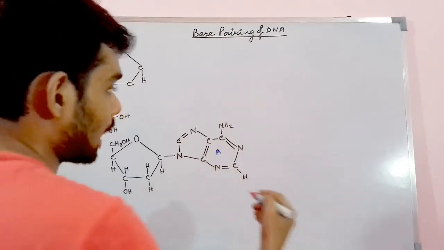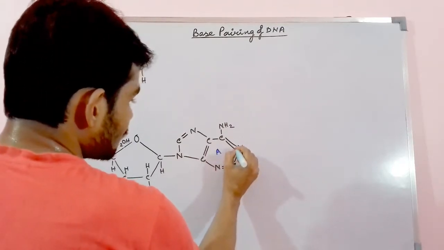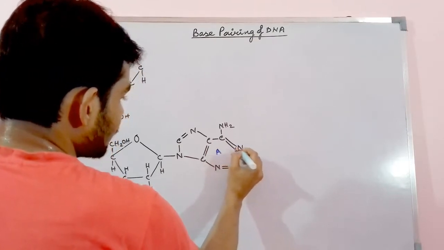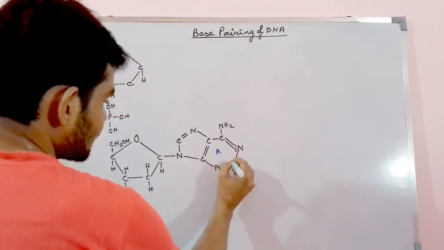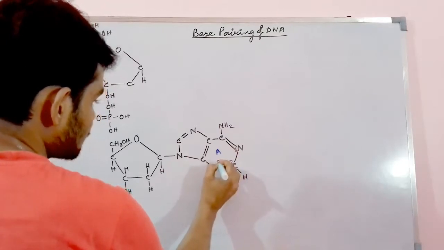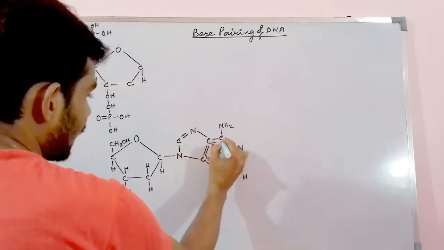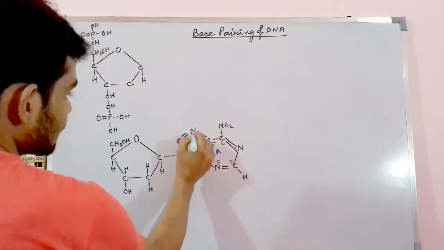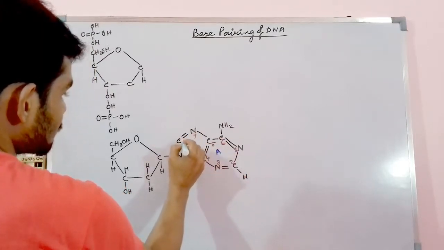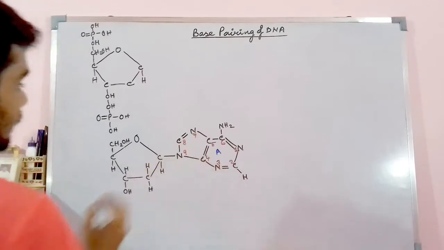So this is the first nitrogen, position 1, this one is 2, this is 3, this is 4, this is 5, and this is 6, this one is 7, this position is 8, and this one is 9.